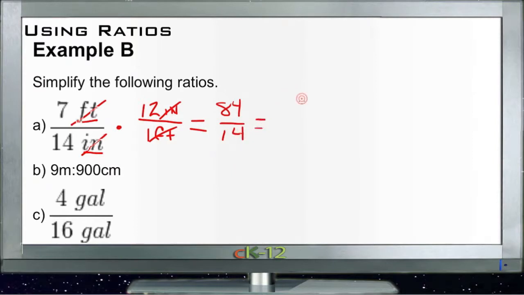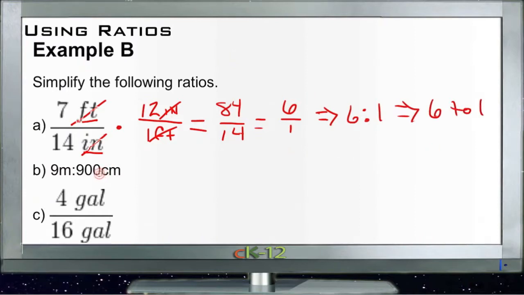Turns out 84 divides evenly by 14, so we get 6/1, which means our ratio is 6 to 1.